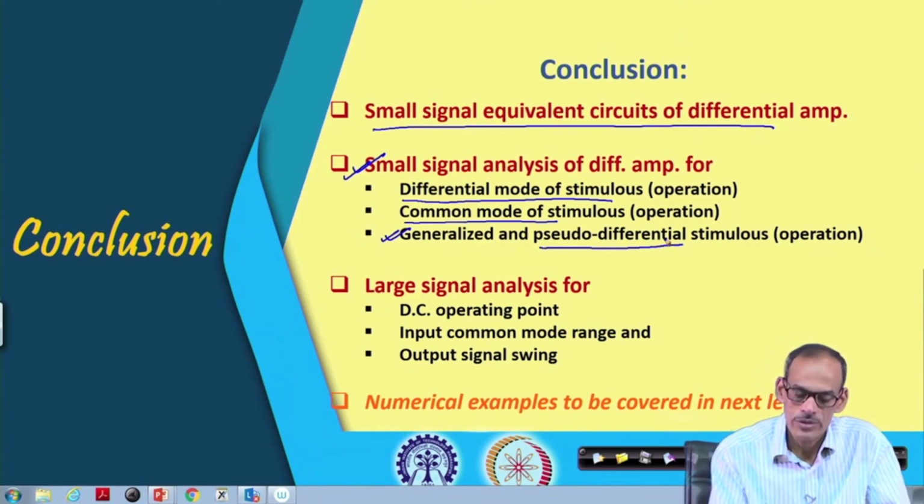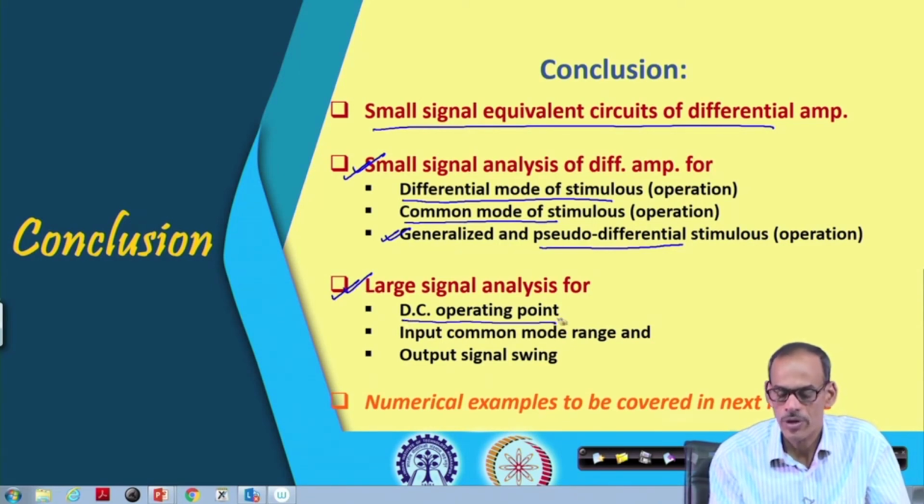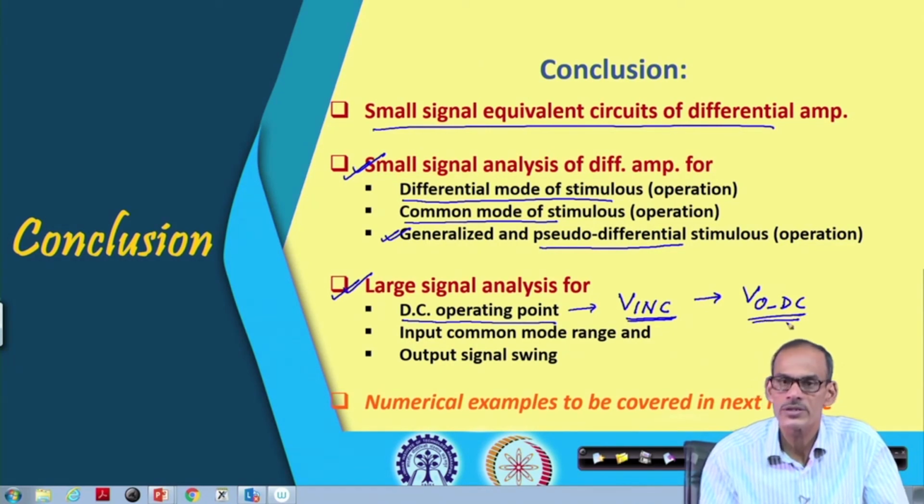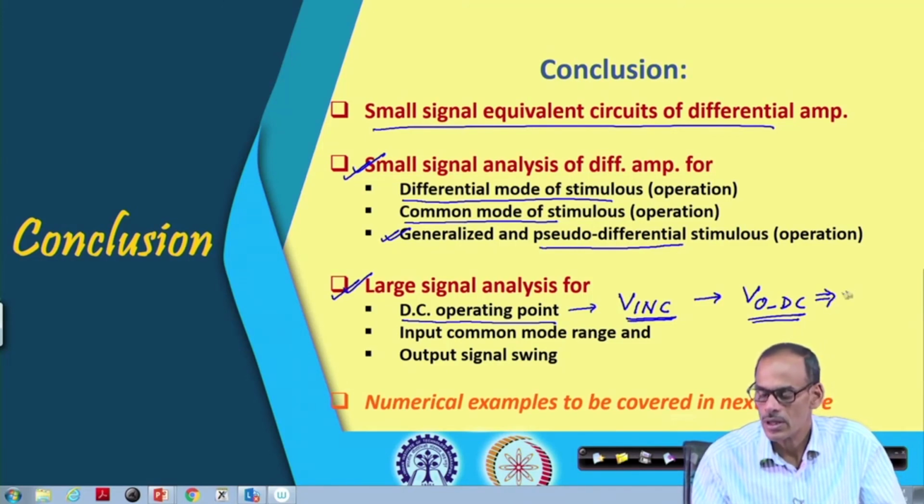Then we talked about the large signal analysis, where we mentioned the importance of the DC operating point, and that the DC operating point is a strong function of the input common mode voltage Vin C, which also defines the output DC voltage, and both this input common mode voltage and output DC voltage and the range of operation of the transistor define the output swing.